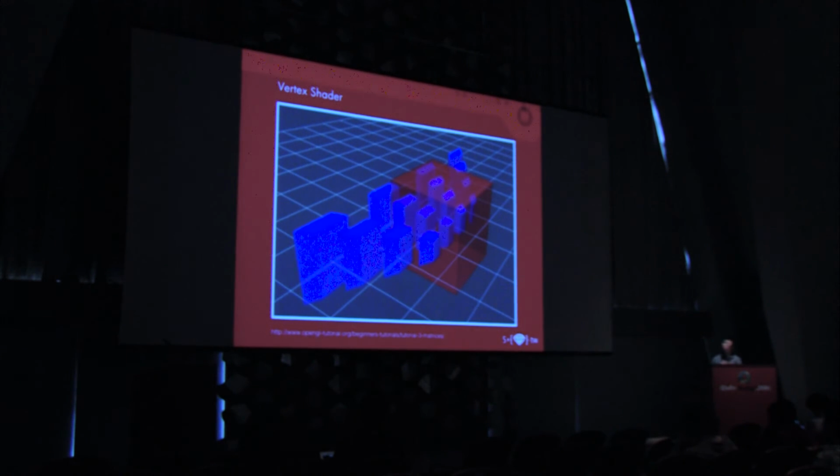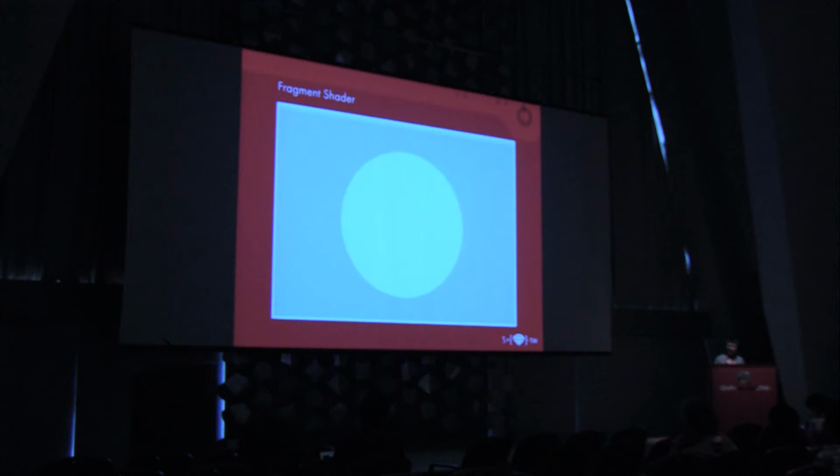And the fragment shader is about how to draw the color. If I do nothing and just return a color for it, I just see nothing, with no 3D effect.